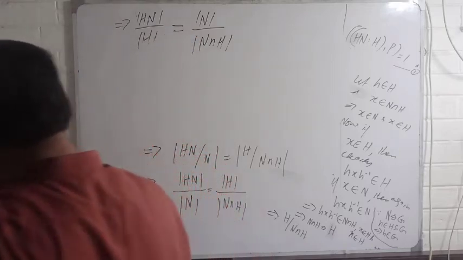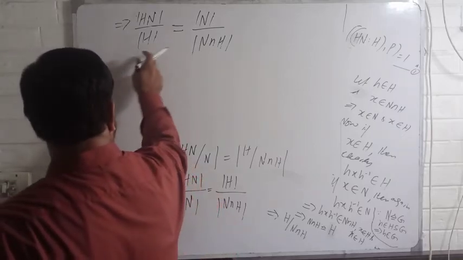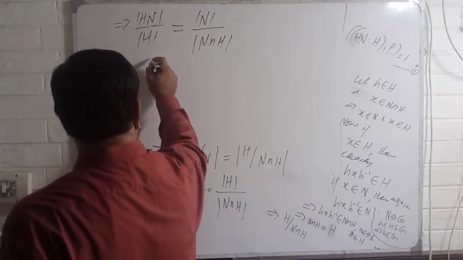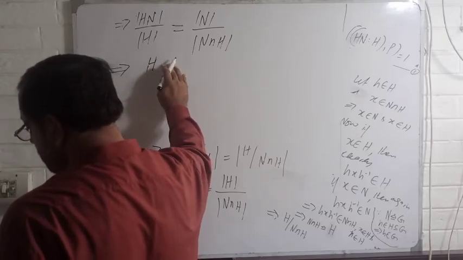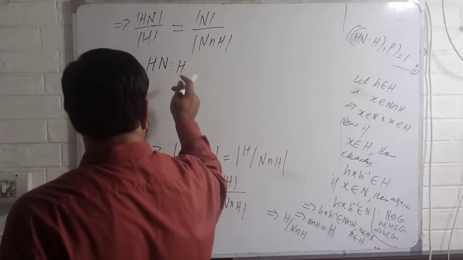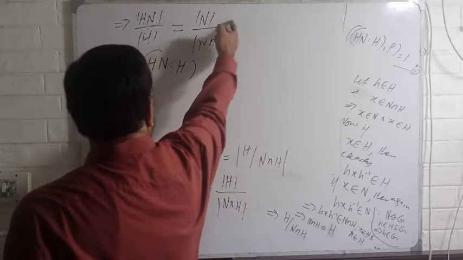And what is this? This is in fact the index of H in HN, and what is this?